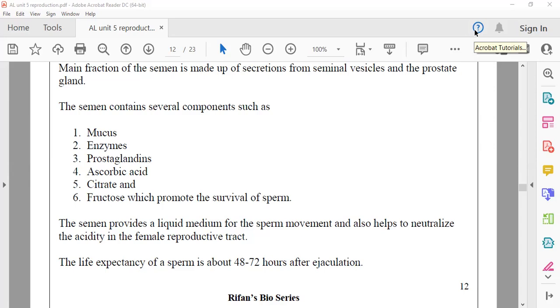So within 72 hours, it has to meet the ovum.